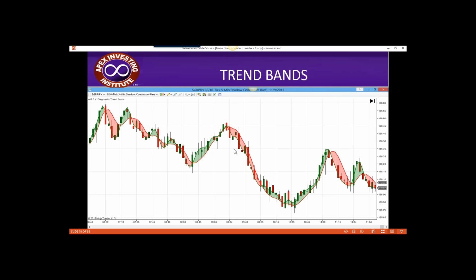This is more of a trend indicator. Okay, and this is not a standalone indicator. It's used to work with other indicators. Okay, and this is looking at, for example, the last X number of bars directionally overall. All right, so that's what we call trend bands, and they're either red or they're green.